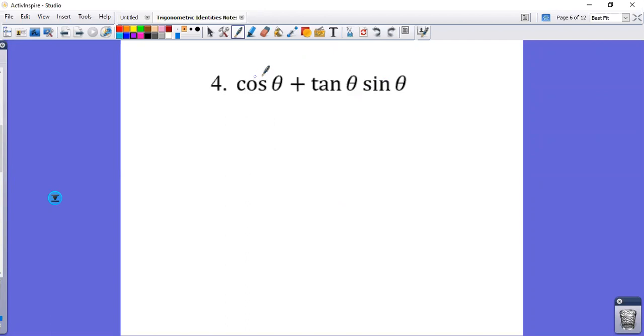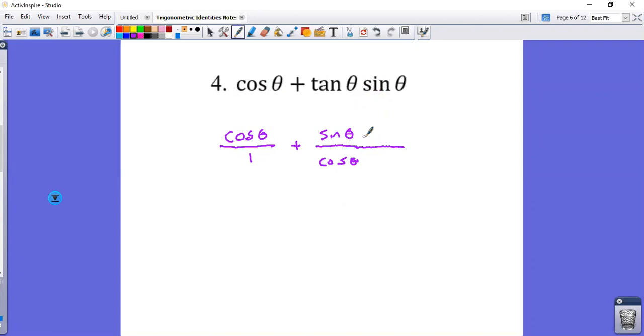All right, so when you're adding, let's first change this to all fraction stuff. So cosine would just be cosine theta over 1, plus tangent is sine theta over cosine theta.